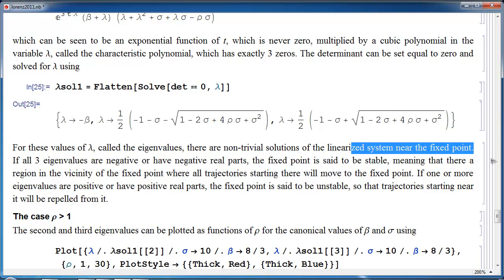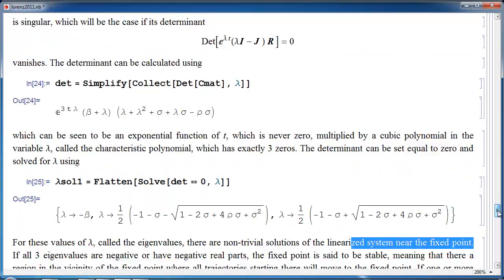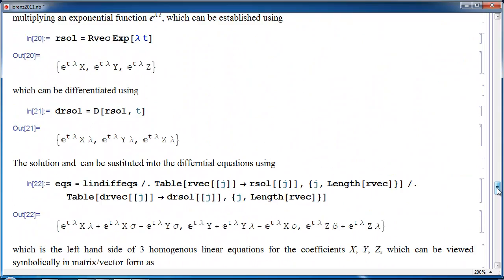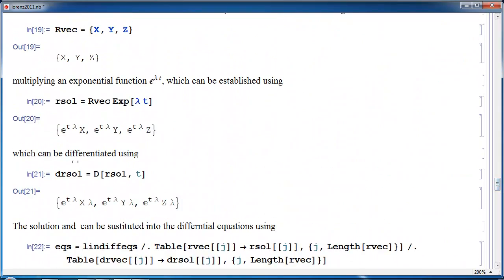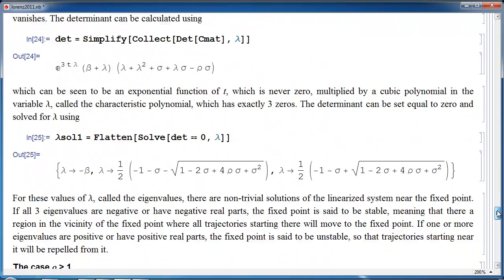And why will that be? Well, simply because each one of these terms will tend to 0 as t tends to infinity, if all the lambdas are negative or have negative real parts.